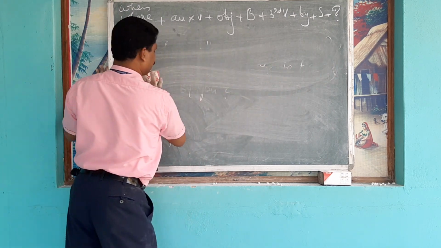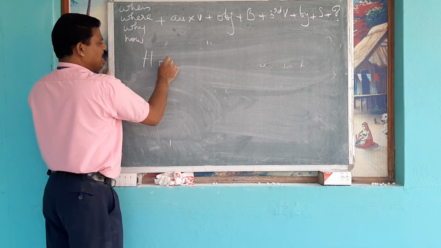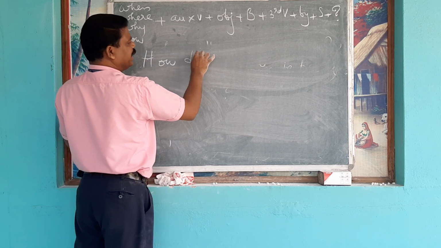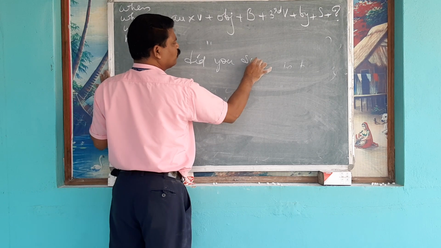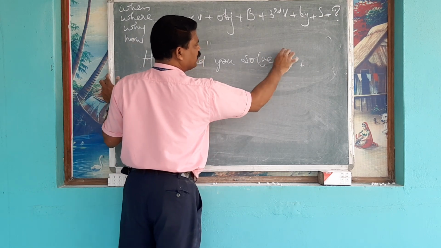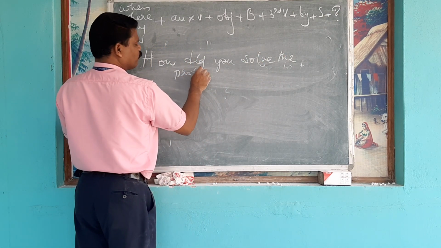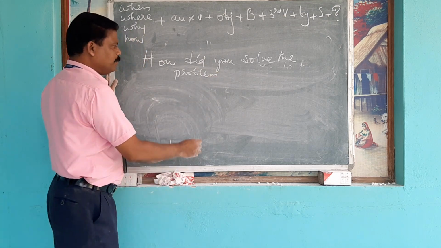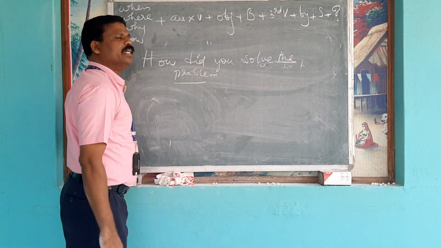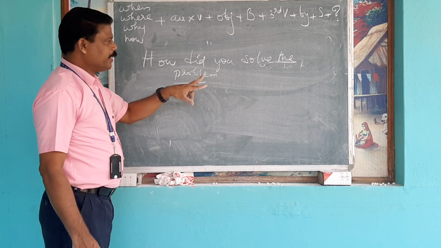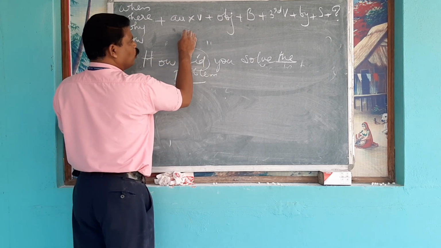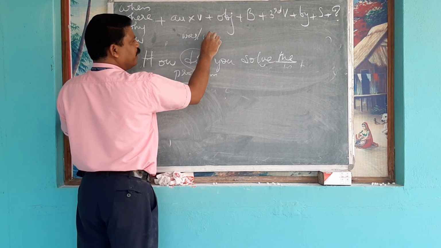Second question, how did you solve the problem? Here the object is the problem, which is singular, the auxiliary verb is did, and you know did gets replaced by was or were.